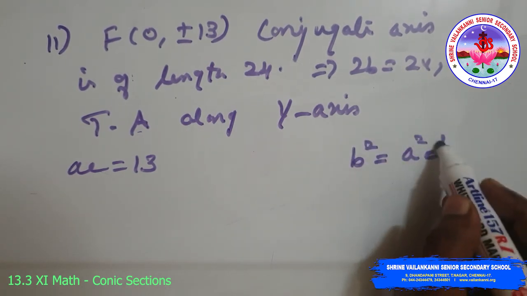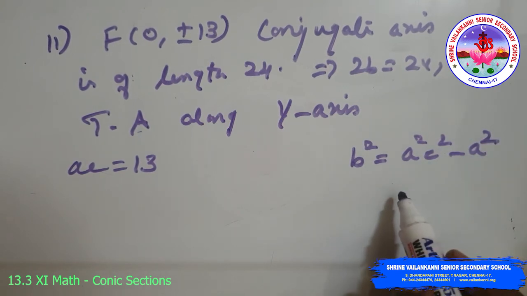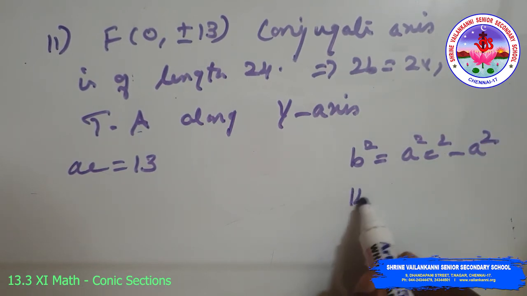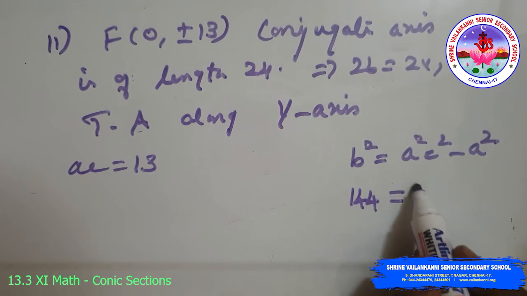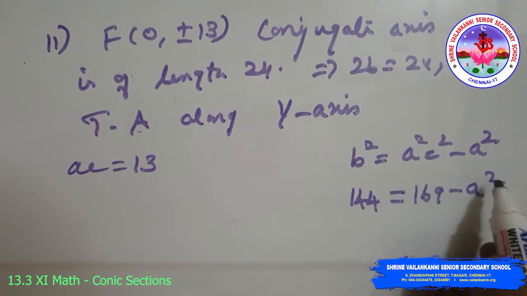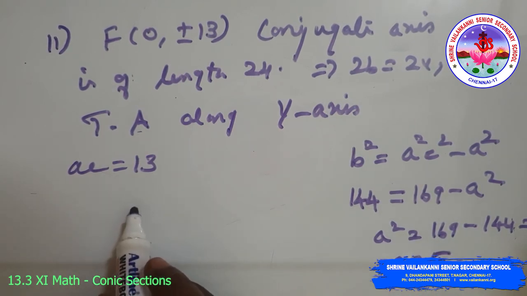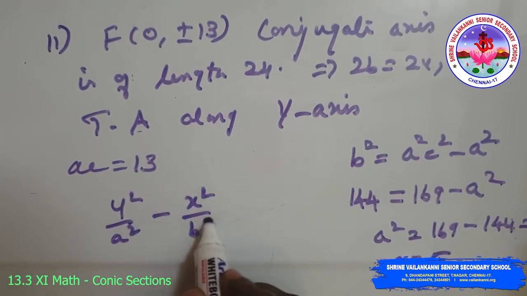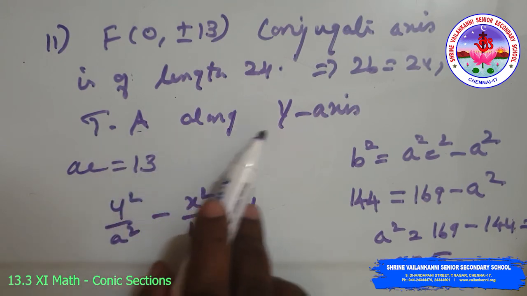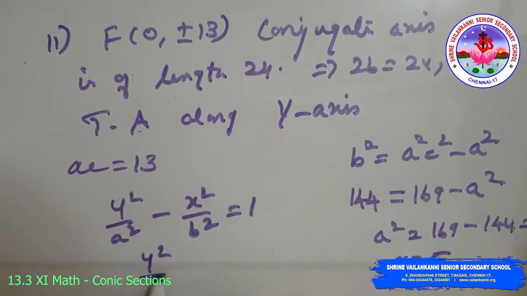So b² = a²e² − a², so 144 = 13² which is 169 − a². So a² = 169 − 144, which is 25. So we get a = 5. Then the equation of the hyperbola is y²/a² − x²/b² = 1, as the transverse axis is along the y-axis. So we get y²/25 − x²/144 = 1.